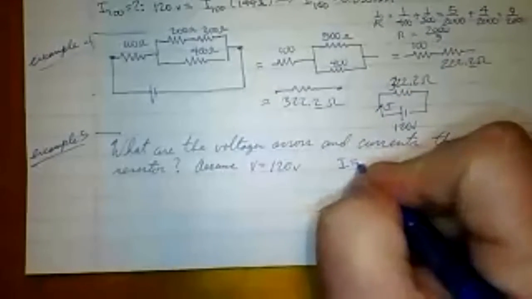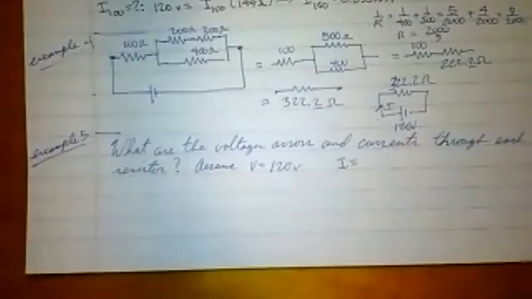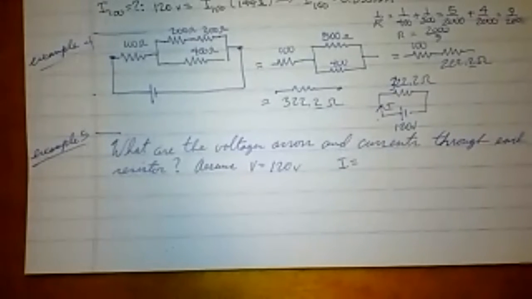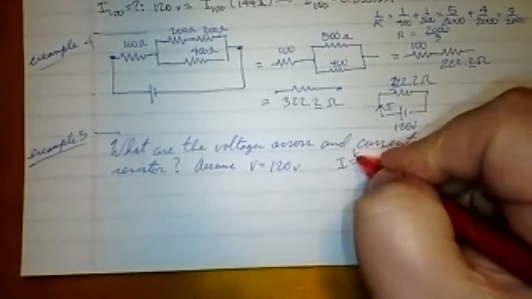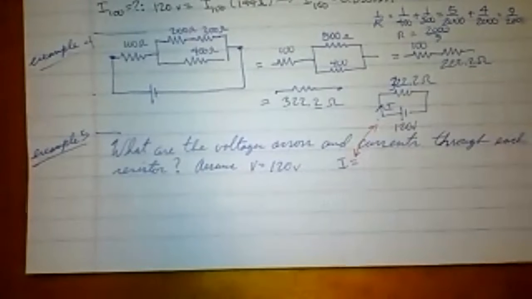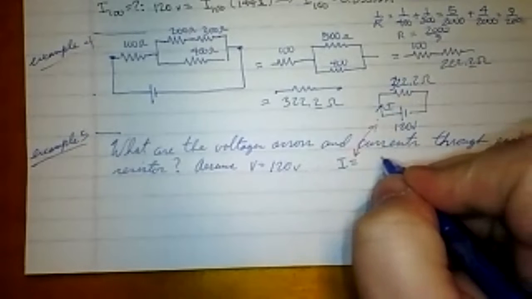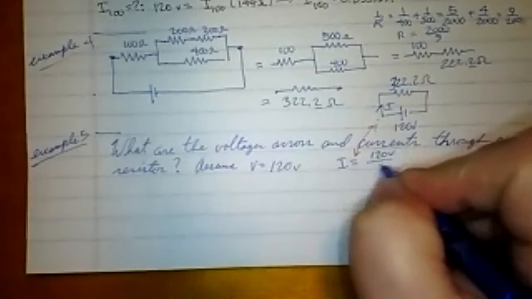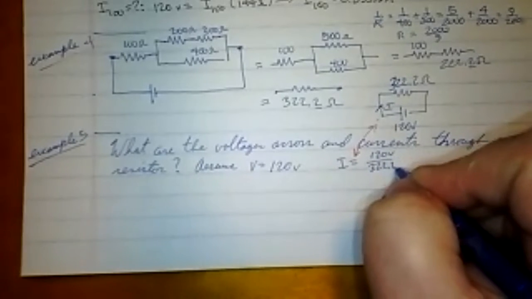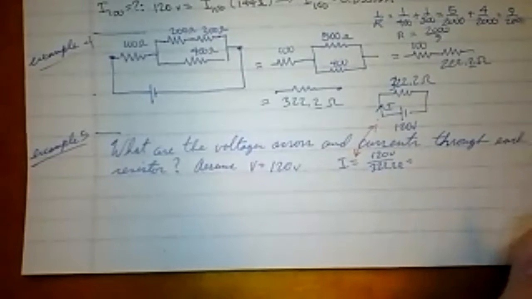So I, which I'll point out is coming from here, is just going to be equal to V over R. That'd be 120 volts divided by 322.2 ohms.